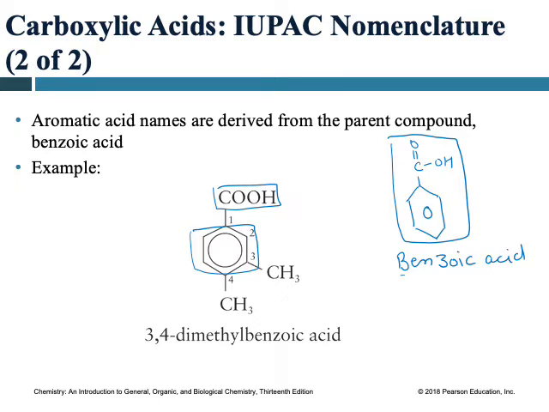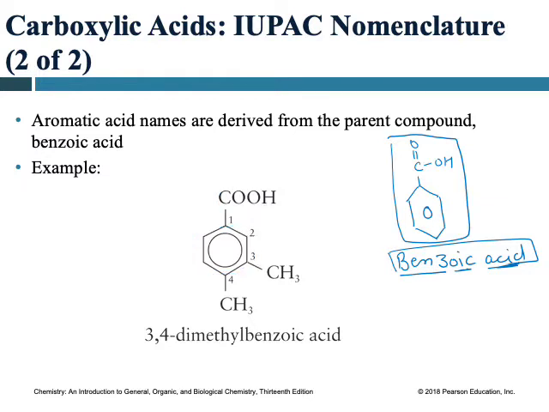So benz comes from benzene, oic because you have the carboxylic acid on the benzene, and then you have acid, so benzoic acid. So the time you see benzene with carboxylic acid, you know the name is benzoic acid. Right. So let's take this example that is given on the PowerPoint.